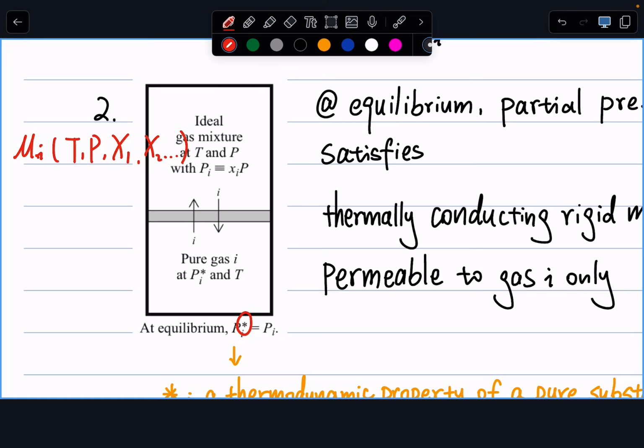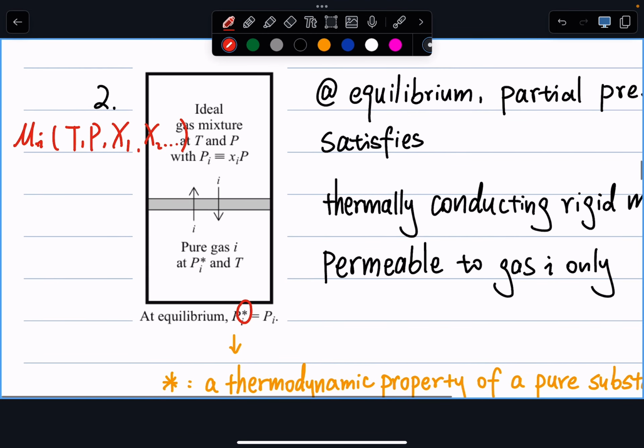With me so far? What about the bottom part? On the bottom part, we are at the partial pressure of species i, but we only have that pure gas involved.